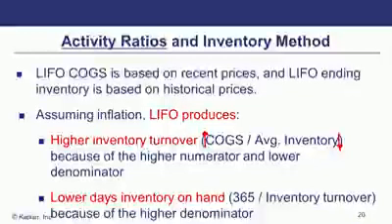Now, days of inventory on hand is 365 divided by inventory turnover. Let us remind you of what days of inventory on hand represents. It's the length of time between receiving raw materials, starting the production process, finishing the production process, and selling your finished goods. In other words, the length of time between receiving raw materials and selling finished goods is our days of inventory on hand.